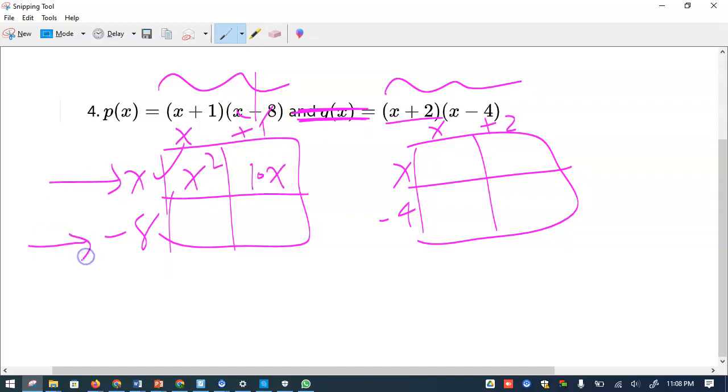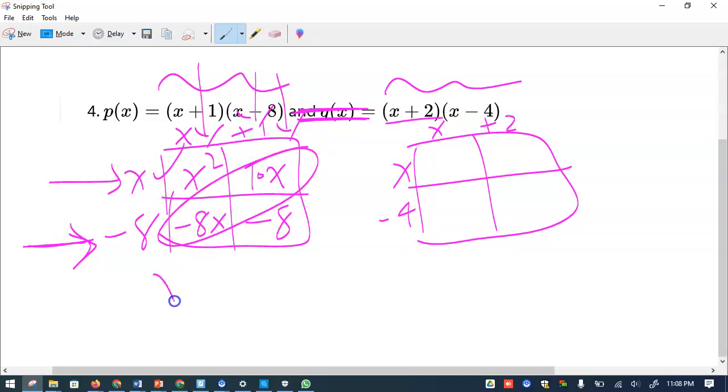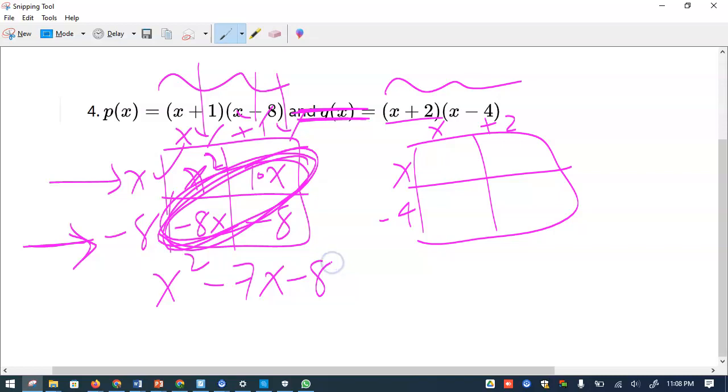Then this minus 8 and this x will be minus 8x, and this minus 8 and this plus 1 will be minus 8. Like terms, what stays is this x squared, and this will be minus 7x and minus 8, and you're done.